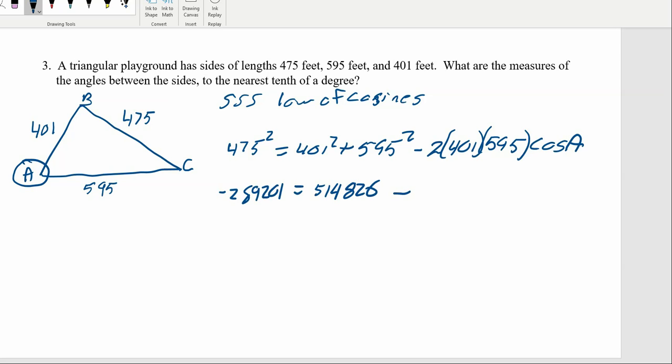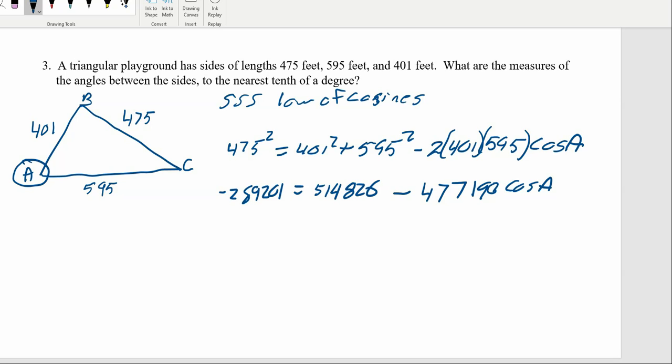minus this multiplication goes to 477,190, and that's multiplied by the cosine of A. All right, so we're going to subtract this over, and that's going to give me, oh boy, that's my next line.